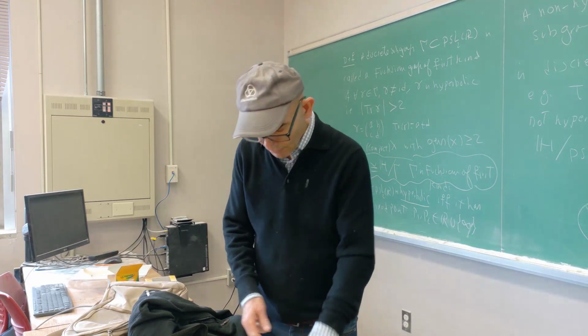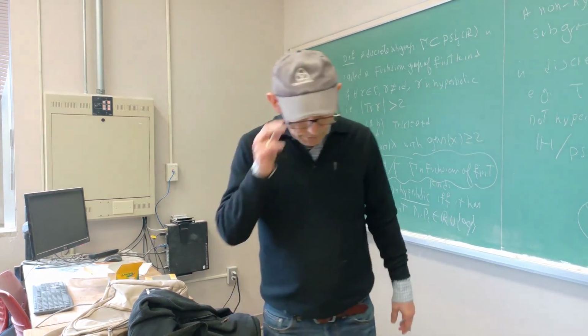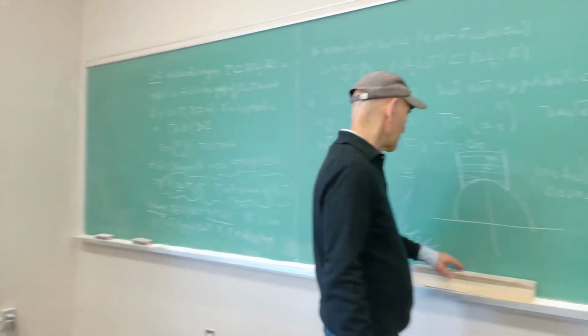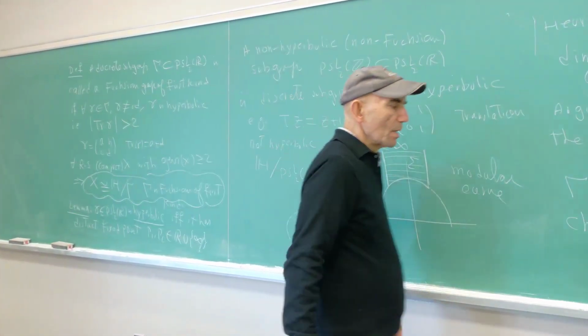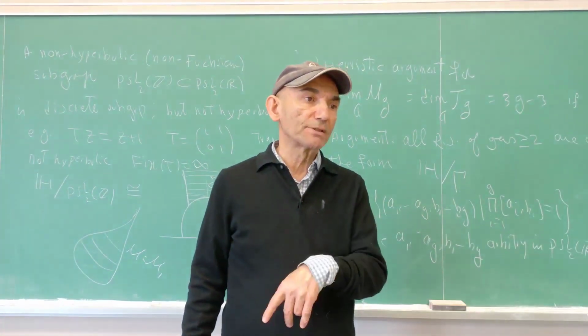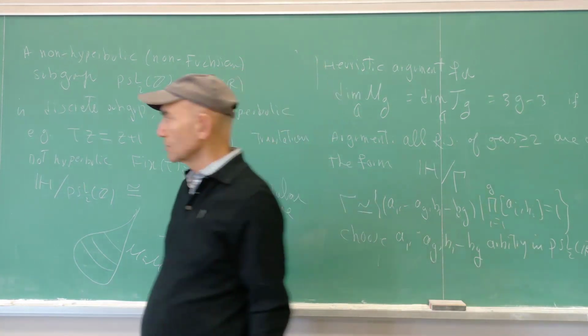Okay, not much time. So now I want to open another angle to uniformization of this thing, which is basically a relation between Riemannian metrics and complex structures. That's also very important.